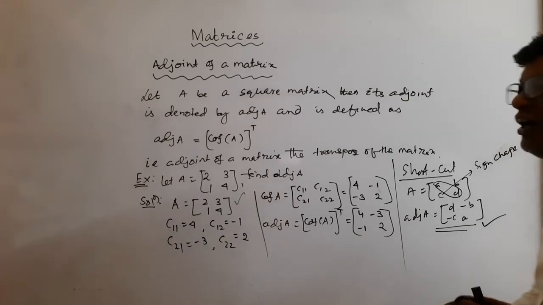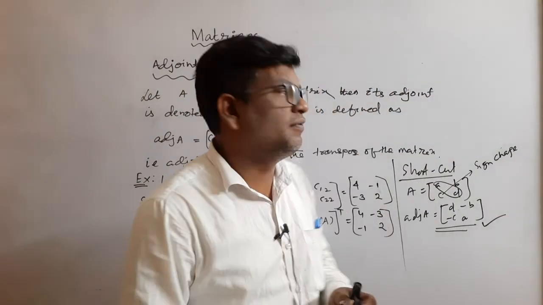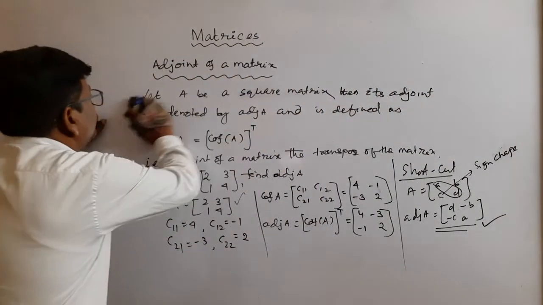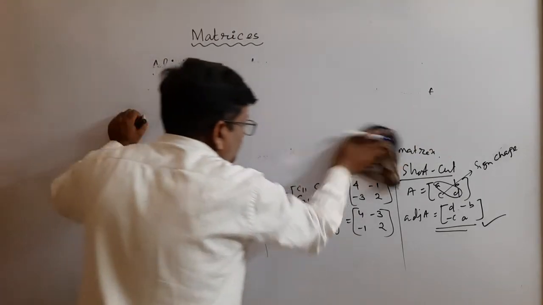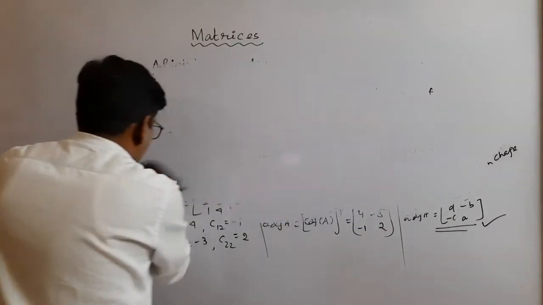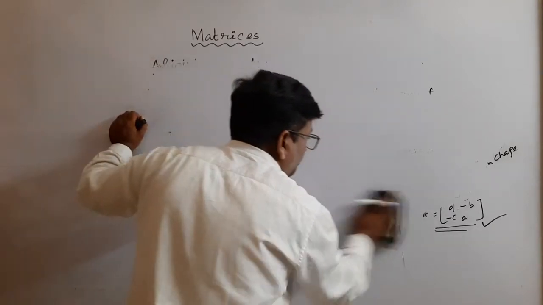Now how to find the adjoint of a matrix of order 3?